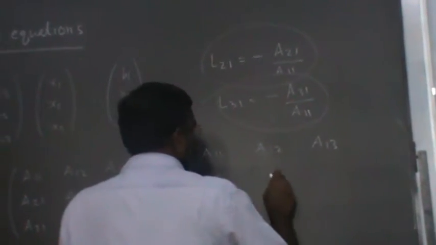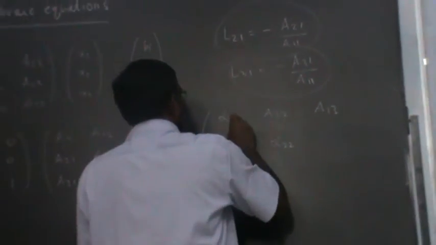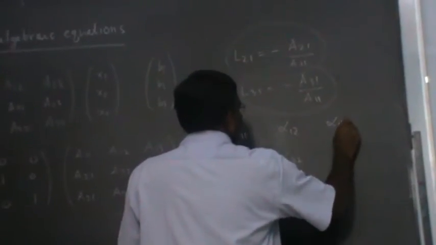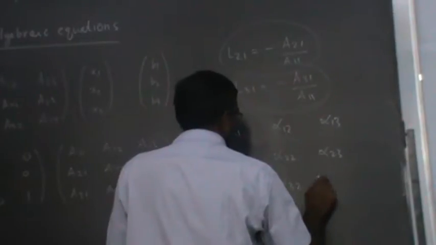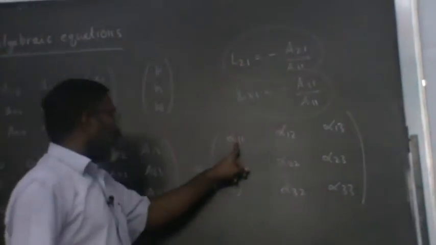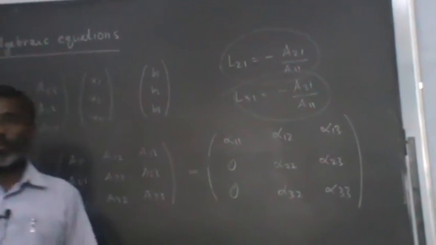I will call them alpha: alpha 1,2, alpha 1,3, alpha 2,2, alpha 2,3, alpha 3,2, alpha 3,3, where alpha 1,1, alpha 1,2, alpha 1,3 are exactly the same as A11, A12, A13.